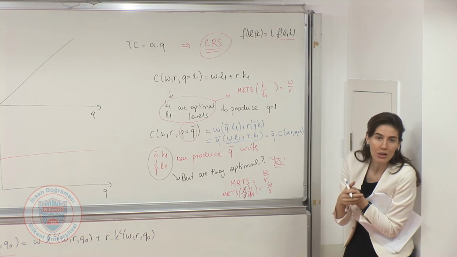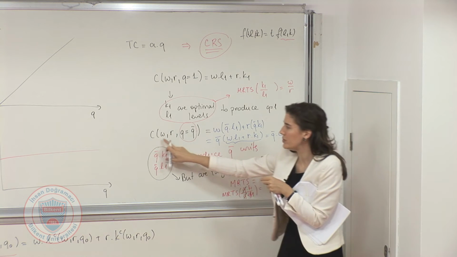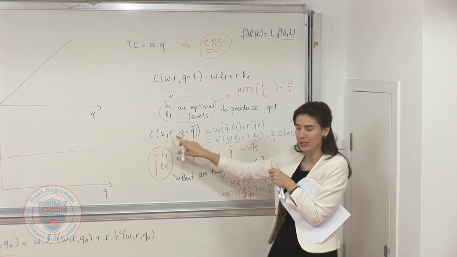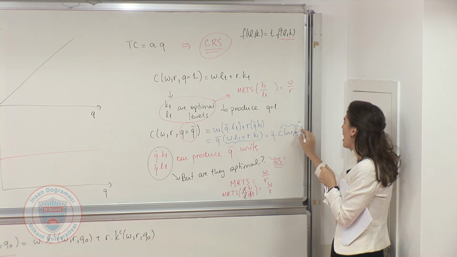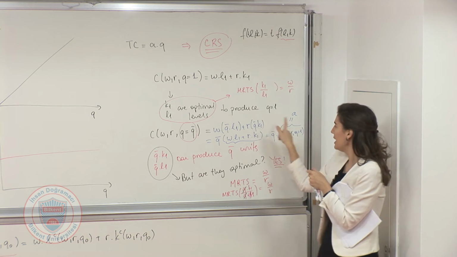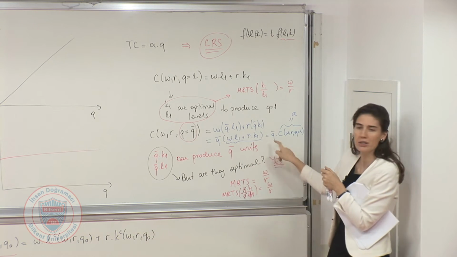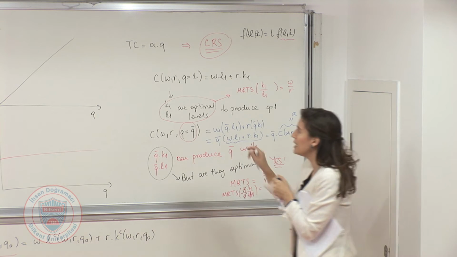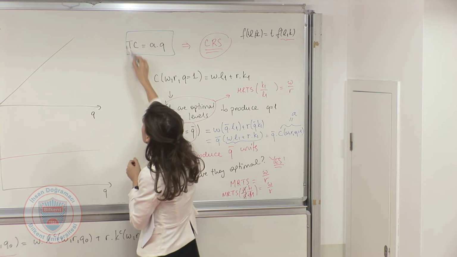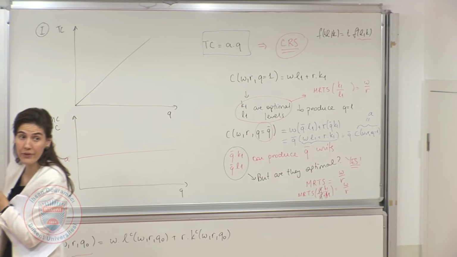Basically what you need to see is that the total cost function is some constant, call it A, times how much you would like to produce. That's why when there's constant returns to scale, we have this sort of a cost function.